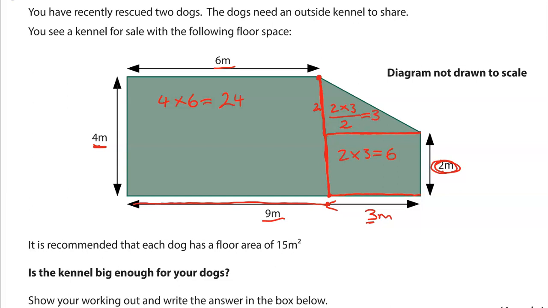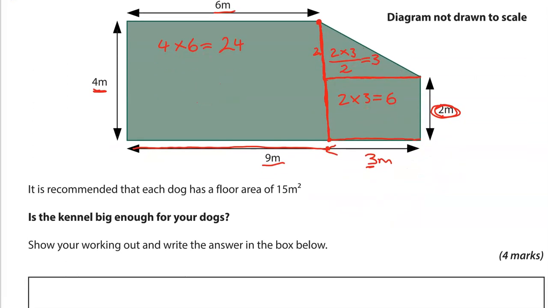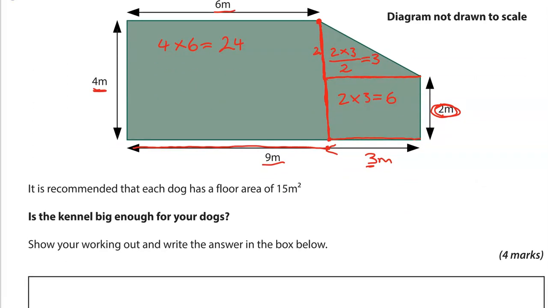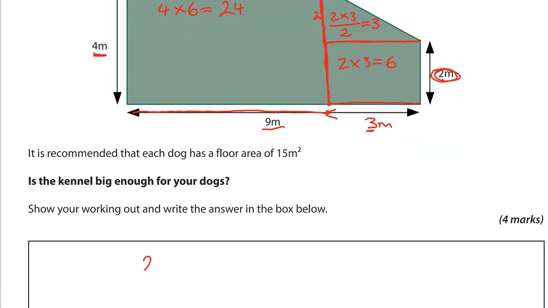So adding all of these together, so 24 and the 6 and the 3, that gives us 33 square meters.